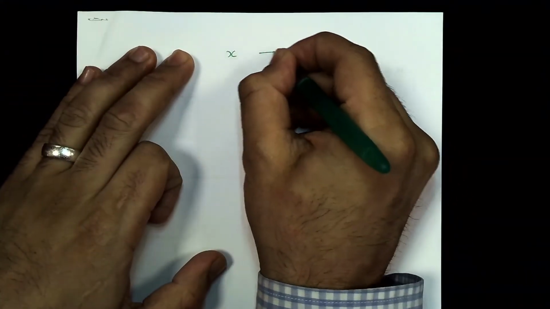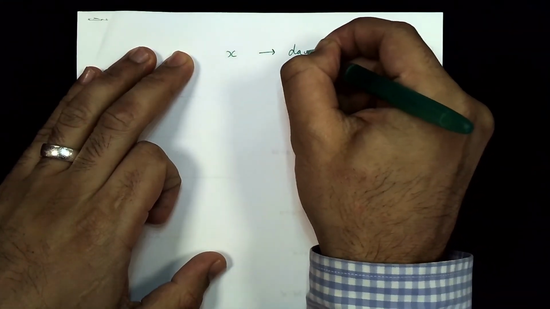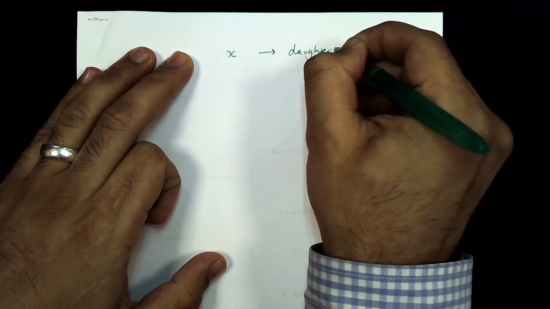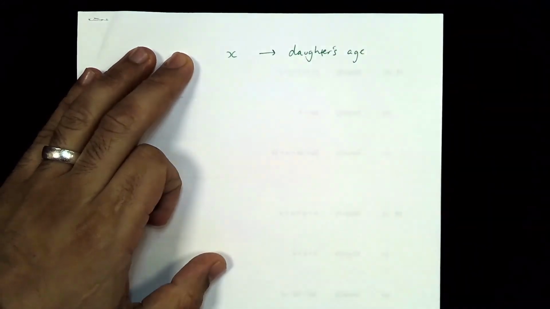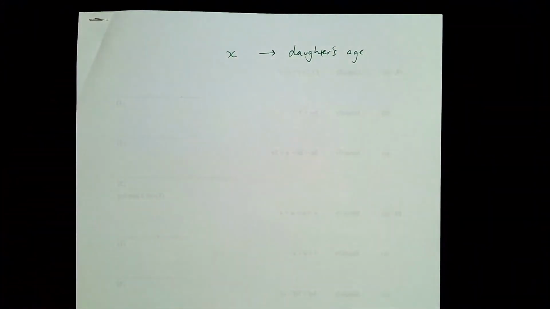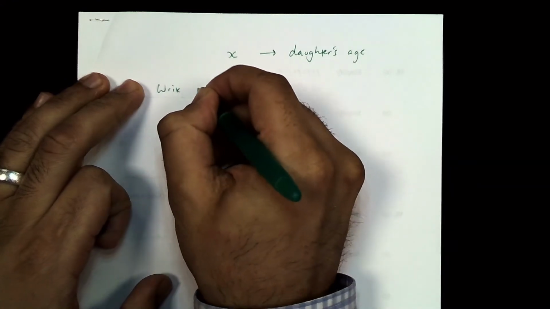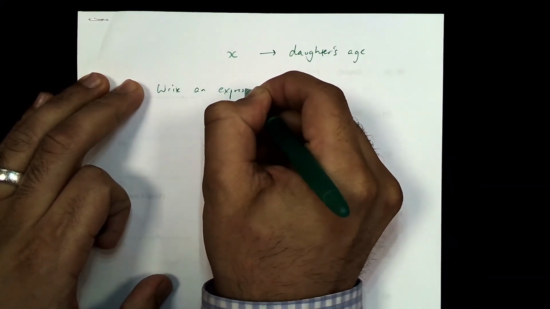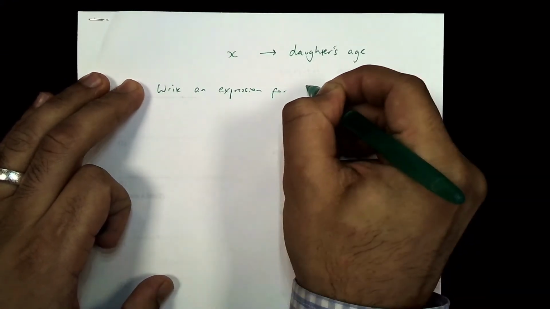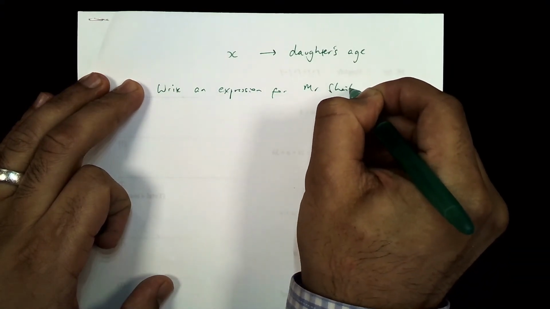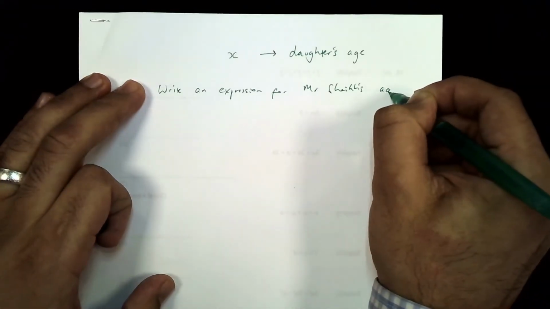So, if I just put X as daughter's age, and I am 7 times her age plus 8. So the question would say, write an expression for my age. Write an expression for Mr. Sheikh's age.